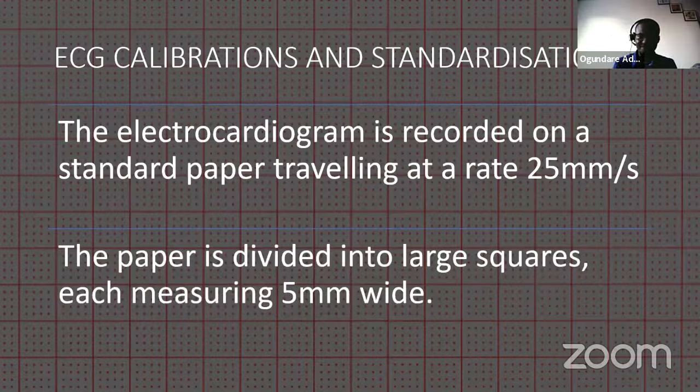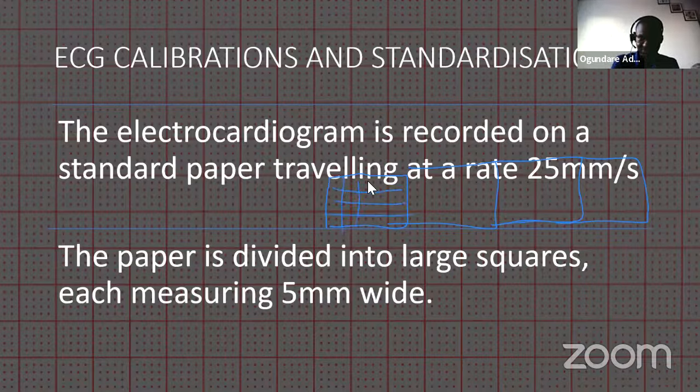So the paper is divided into large squares, and each square measures 5 millimeter wide. If you've seen an ECG paper before, you will notice it is a combination of boxes or squares: large squares with thick lines, and right inside the thick lines, there are smaller boxes as well.